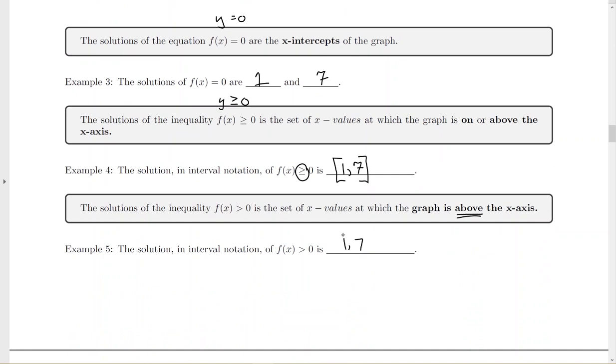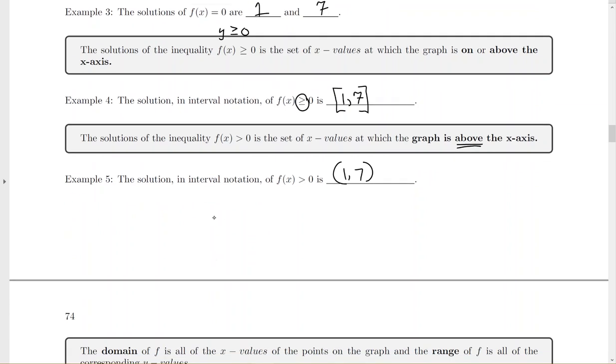So if we can't use the number 1, I have to put a parenthesis on both ends, 1 and 7. Again, no equals, no brackets. So if they were asking where is f of x less than 0, that's where you would be below the x-axis. Because again, y less than 0 means your negative y values. Negative y values are below the x-axis.